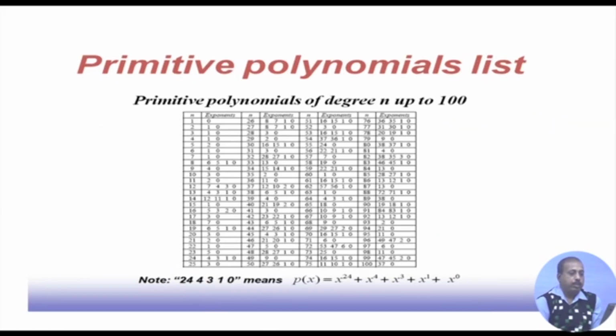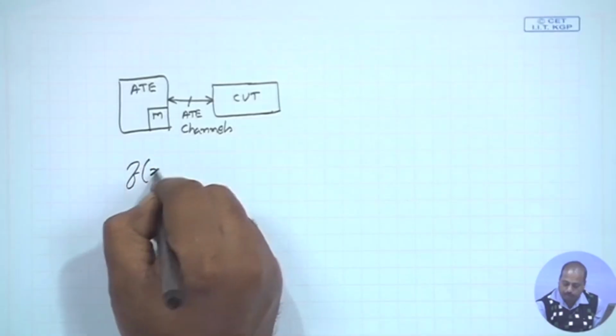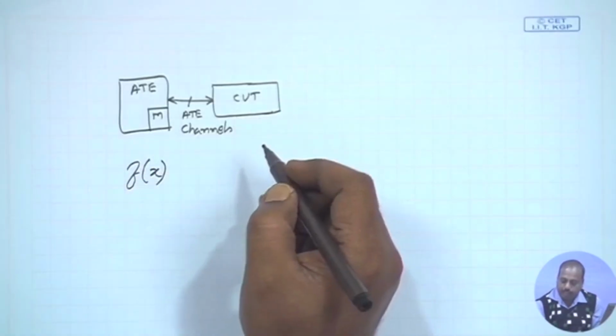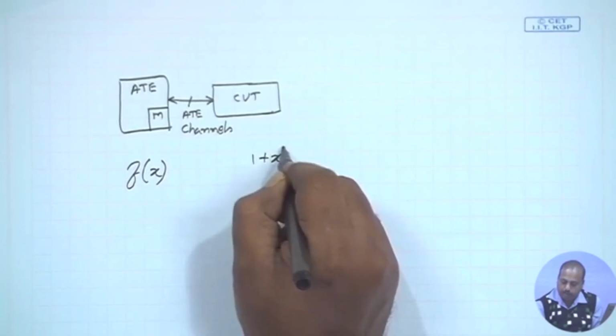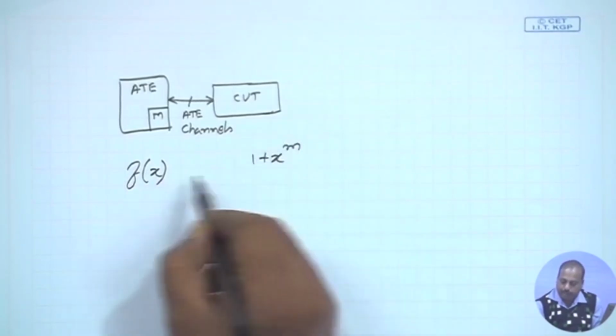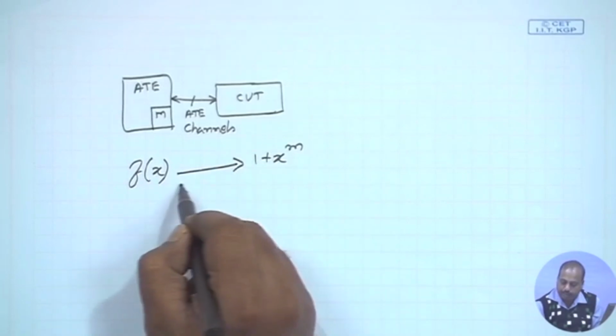Now, there is a concept of primitive polynomial. Primitive polynomial says that if I have got some characteristic polynomial f(x), we try to figure out a polynomial 1 plus x to the power m, such that f(x) divides 1 plus x to the power m.